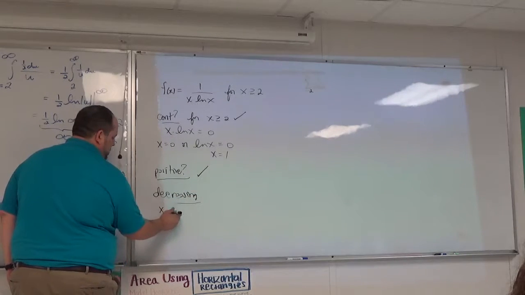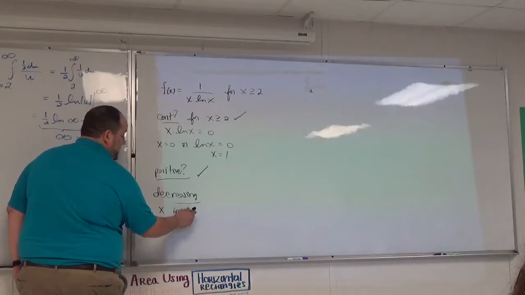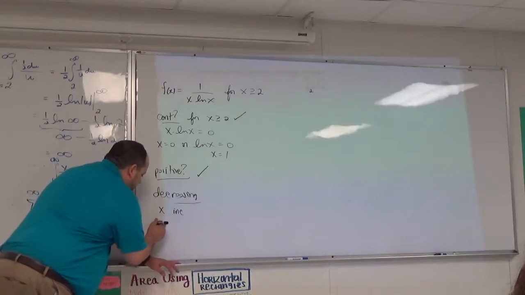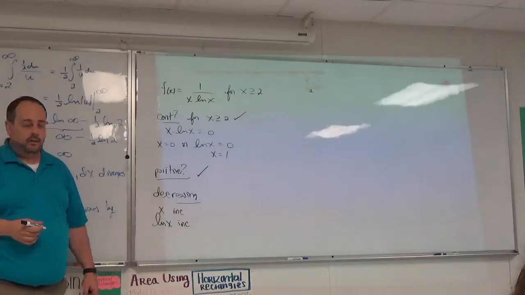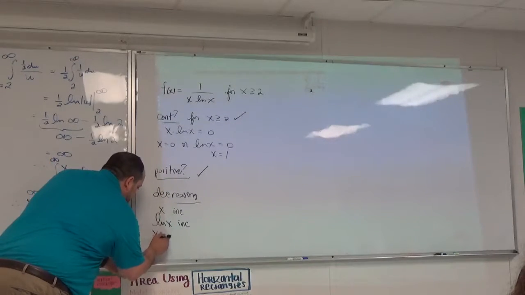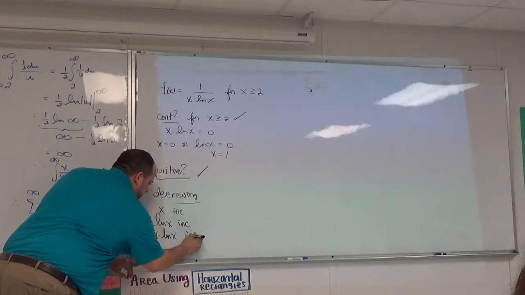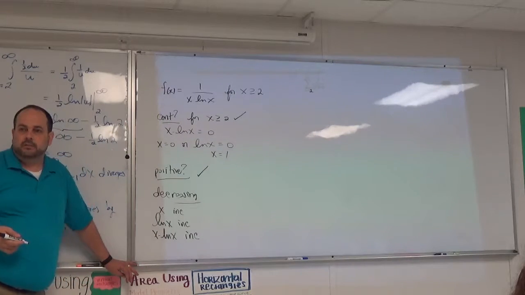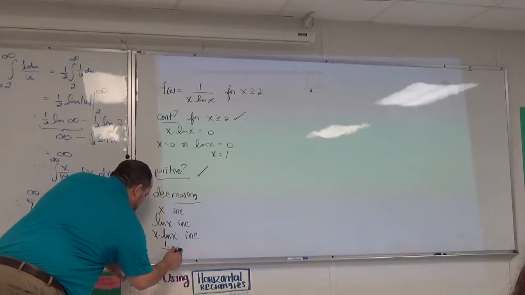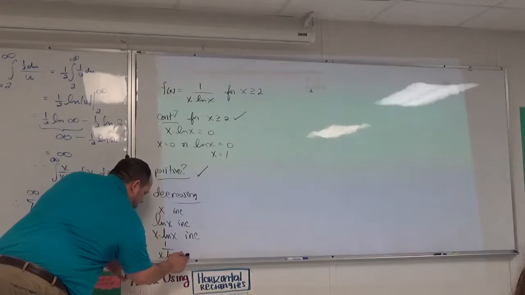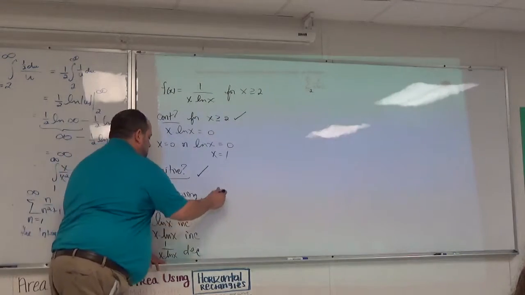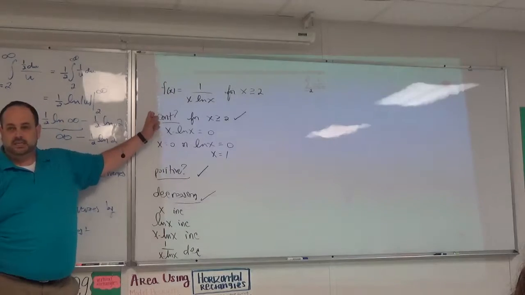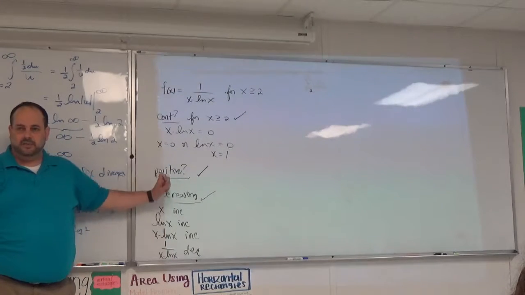The natural log of x is increasing, so x times the natural log of x is increasing, so 1 over x times the natural log of x is decreasing. We've picked a function that is continuous, positive, decreasing.